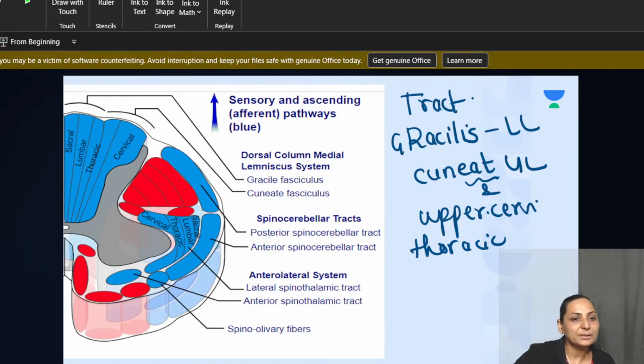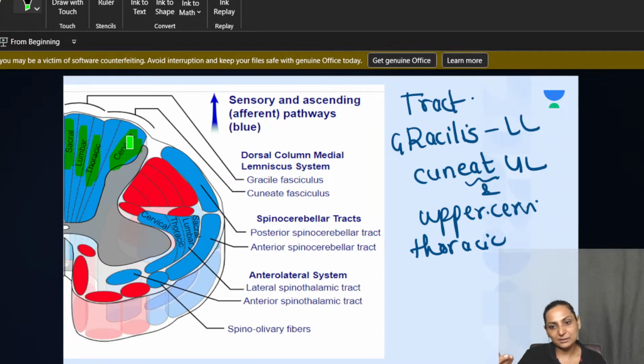So if you look over here, you will see that more medially are the sacral fibers, then the lumbar fibers, then the thoracic fibers, and finally the cervical fibers. So from medial to lateral you have got sacral, lumbar, thoracic and cervical, and that is the reason that when there is a lateral hit, cervical fibers are affected, right?